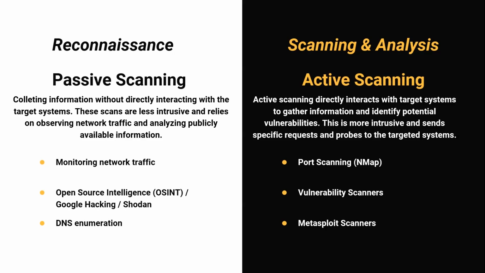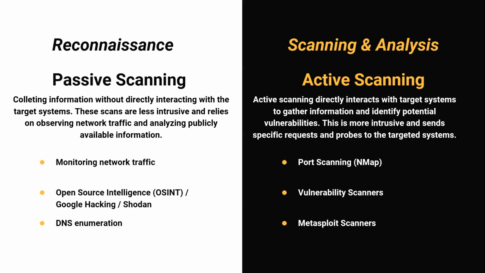Same thing with systems. Tools like Shodan give you information because it scans the machines on the internet and puts it in a database, so you can look at that before you even touch the target system. With active scanning, the downside to passive is sometimes you might not get the right information.